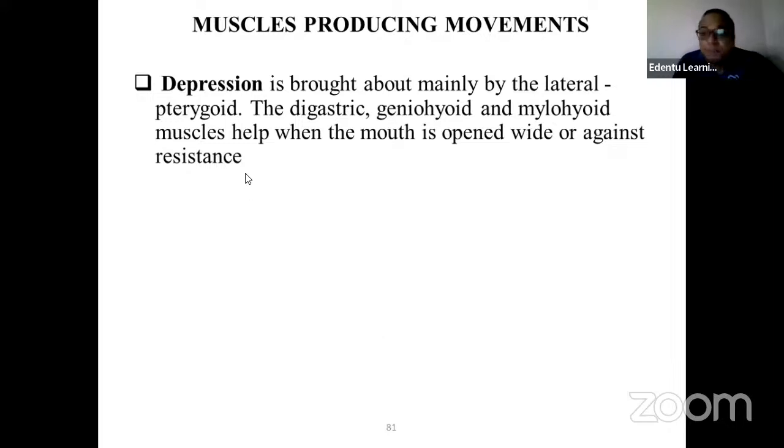So depression, the mandible going down or opening the mouth, is brought about by four muscles: D, G, M, L. D, digastric; G, geniohyoid; M, mylohyoid; and lateral pterygoid. Lateral pterygoid, 'lay', opening the mouth. So opening the mouth means the mandible is going down, depression of the mandible. I hope it's very clear now. So depression, DGML.